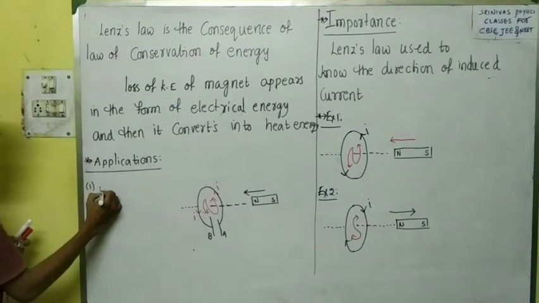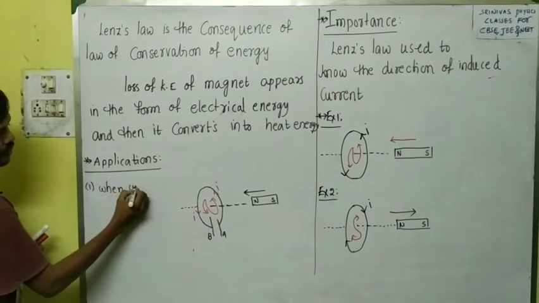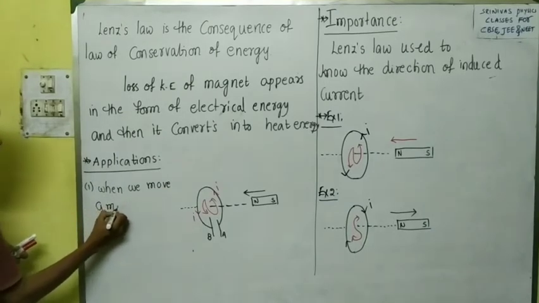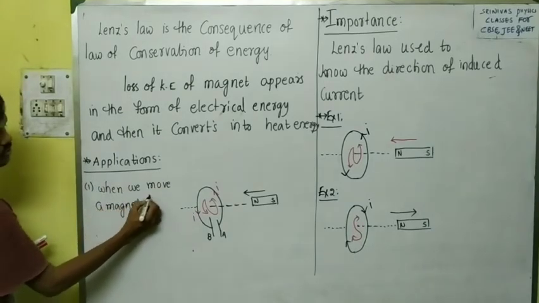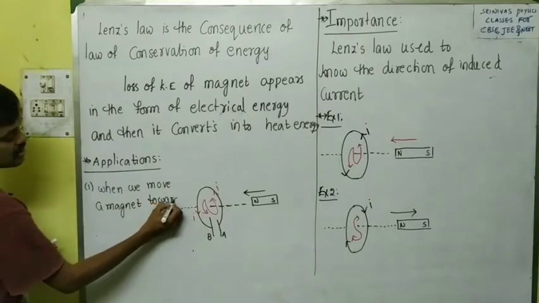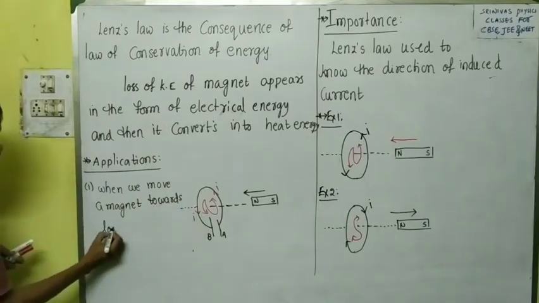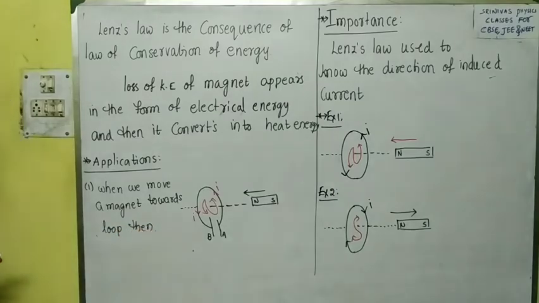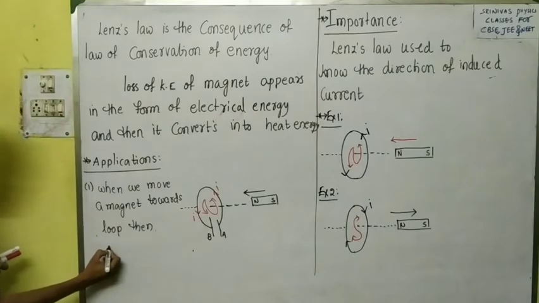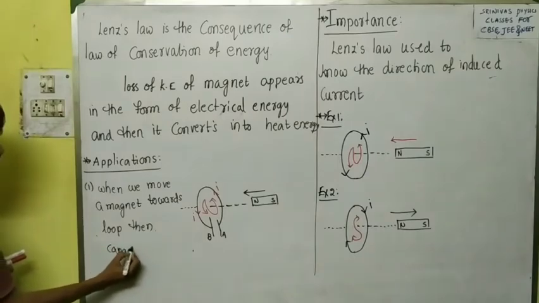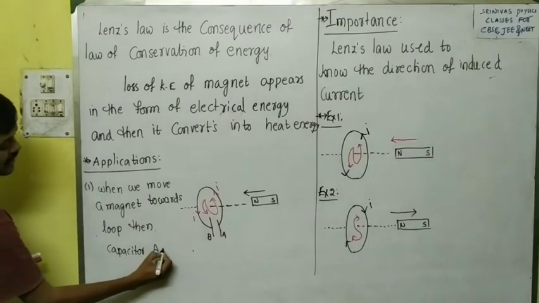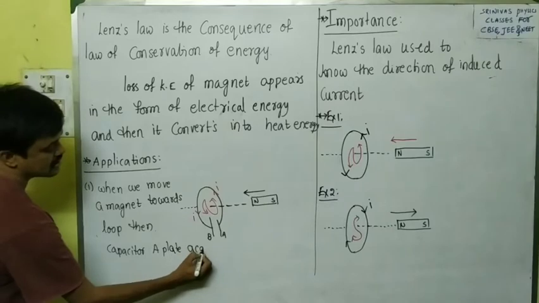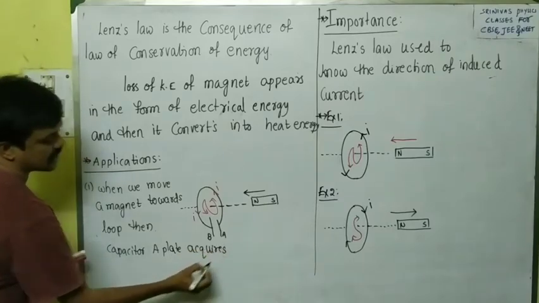That's why when we move a magnet towards the loop, then the capacitor's A plate acquires what? Tell me.